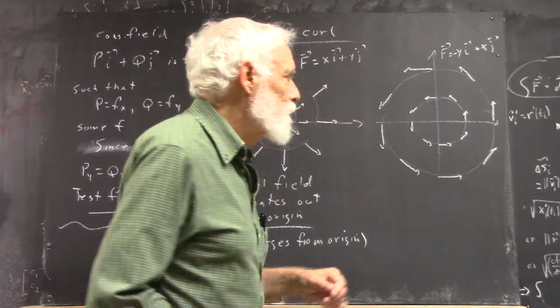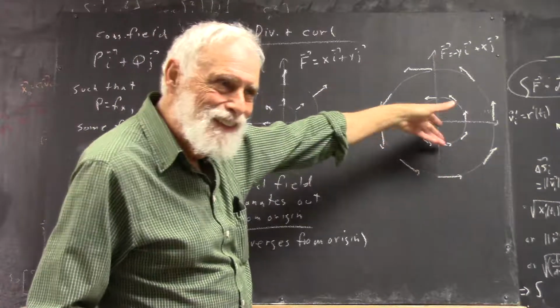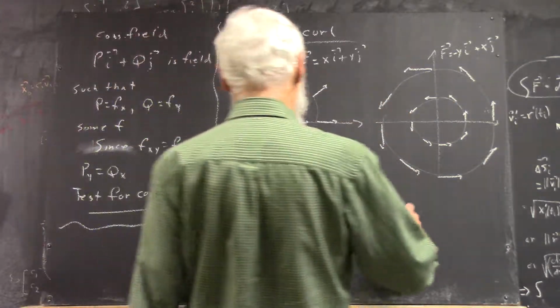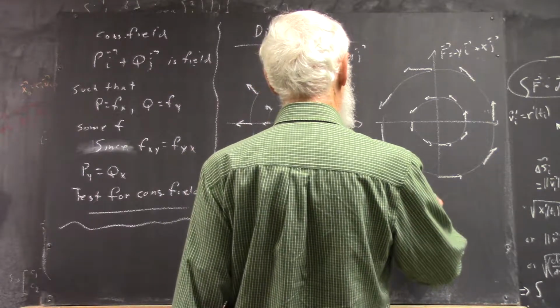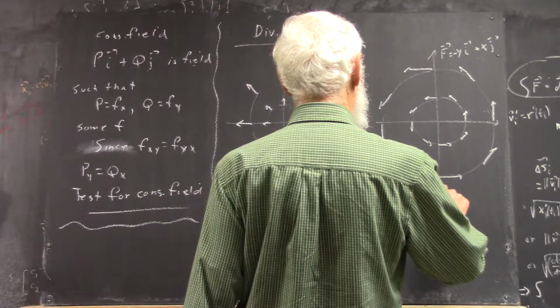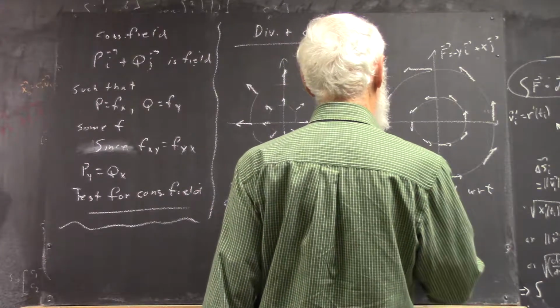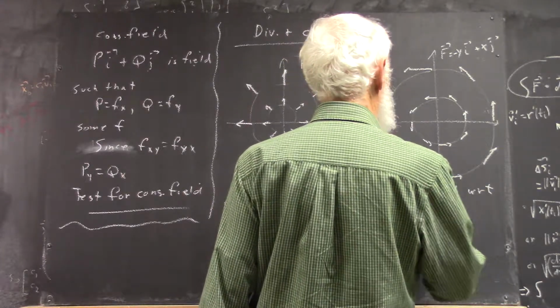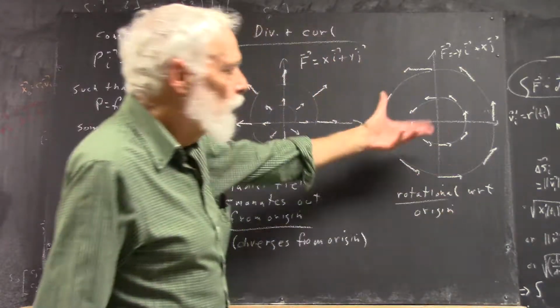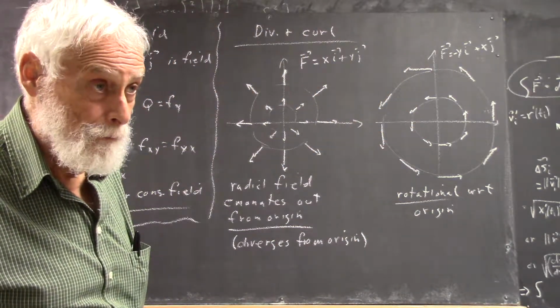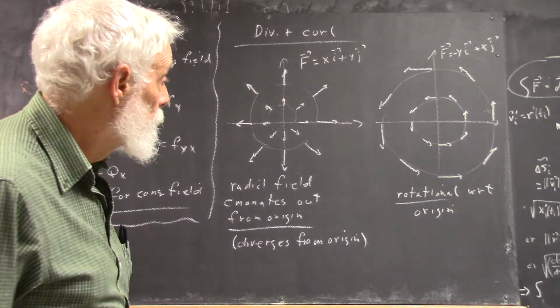So what we have is rotation about the origin. This field is rotational with respect to the origin. Make sense? Okay.